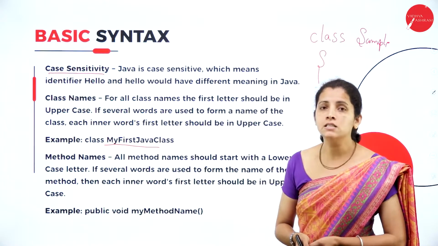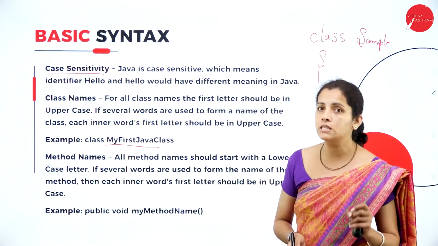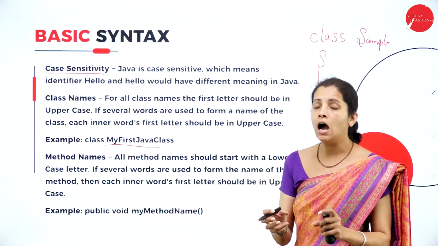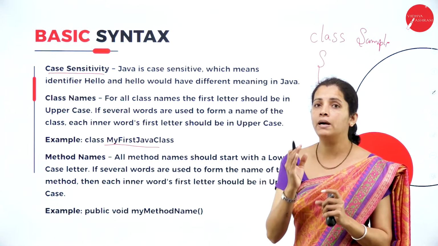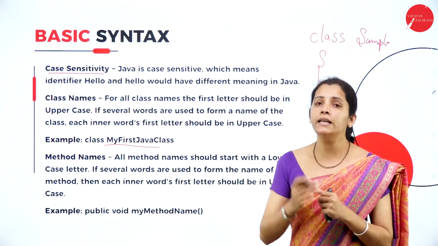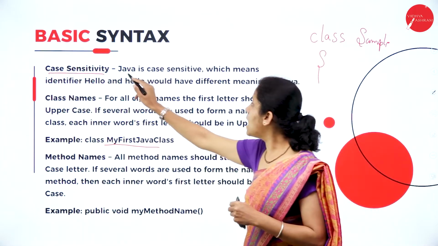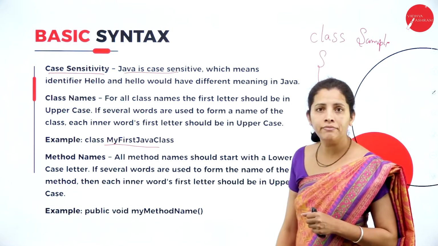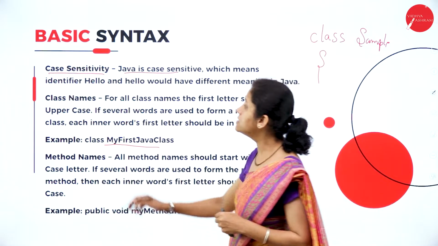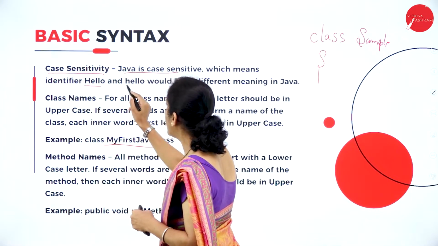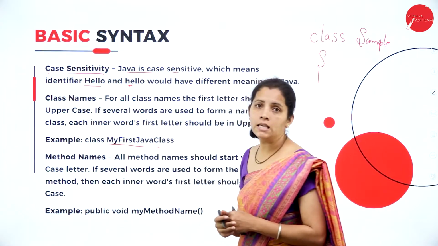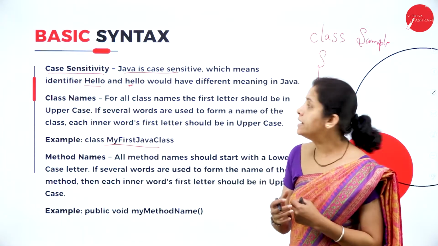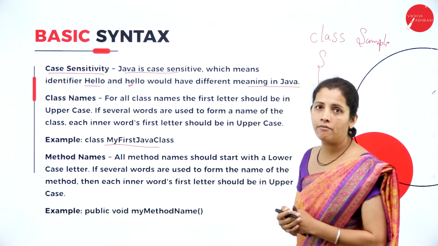If I consider a Java program, it is case sensitive, in the sense that certain keywords start with an uppercase letter, only the starting letter. So Java is case sensitive, which means the identifier Hello with uppercase H and hello with lowercase h would have different meanings in Java.